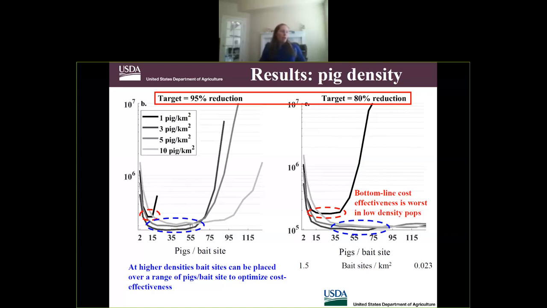And then also that at higher densities, your bait sites can be placed over a range of pigs per bait site, so a range of different bait densities to optimize cost effectiveness. So you have more flexibility in your bait site design when your pig densities are higher. But again, we see this same result that at intermediate pig density, you're going to maximize your cost effectiveness if you use only a toxicant.